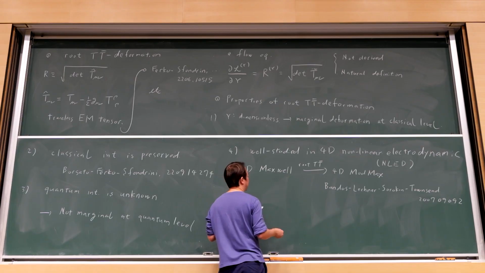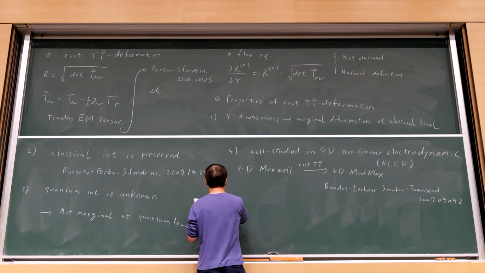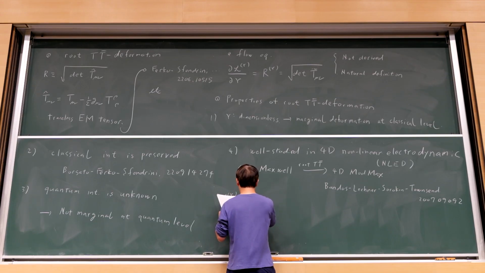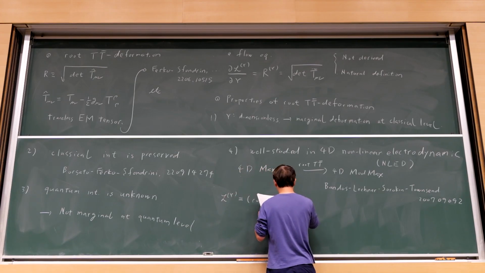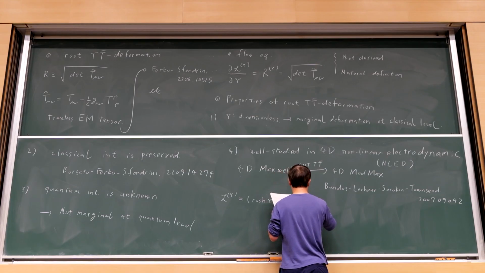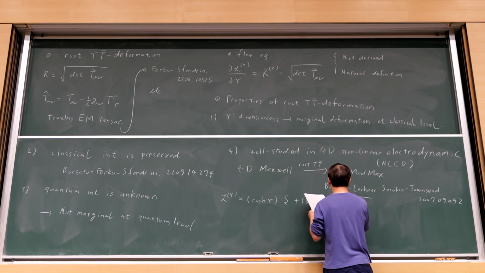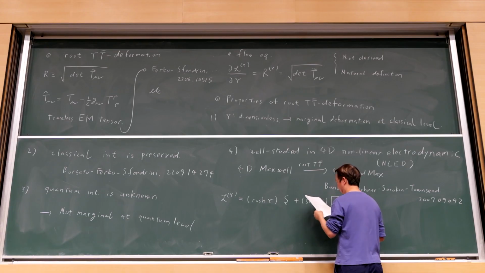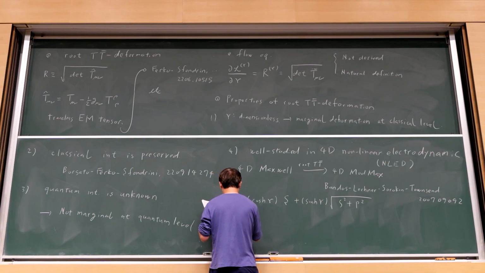So I'd like to write down the classical action of this four-dimensional ModMax theory. It is given by this one. Here gamma is a dimensionless constant, and the action contains cosh gamma times S plus sinh gamma times the root of S squared plus P squared. S is defined by the usual Maxwell Lagrangian.